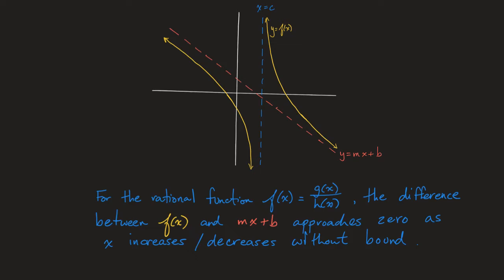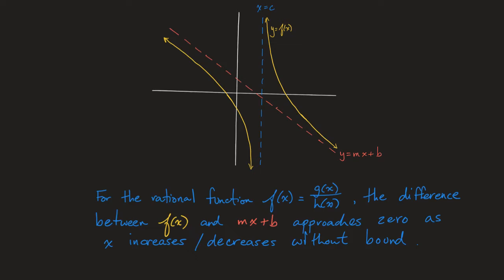All that refers to the difference between the curve and the asymptote, the gold and the red, approaching 0 as x gets bigger and bigger in either direction. That is a very formal way of saying that the value of the function versus the value of the asymptote approaches 0.